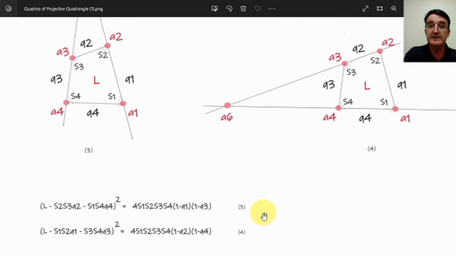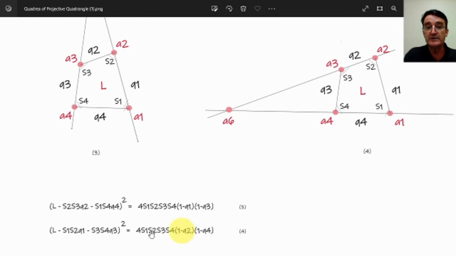And similarly, the second quadratic equation is for this triangulation. We have L minus S1, S2, Q1. So S1, S2, Q1 is the quadreal of the trilateral A1, A2, A6, minus S3, S4, Q3.